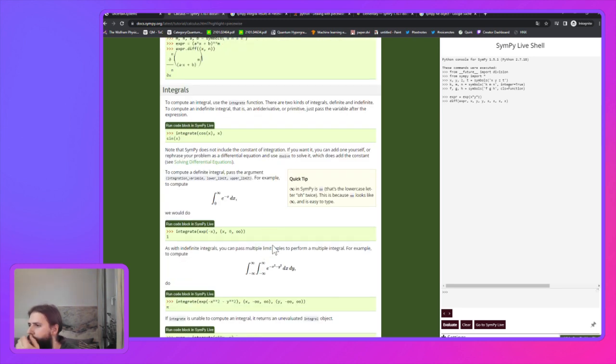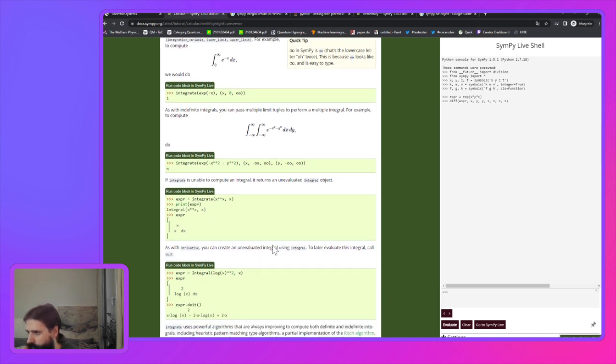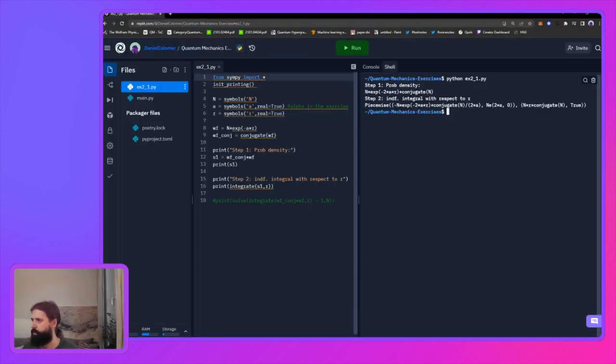Integrate. Integral. So it's doing something here.